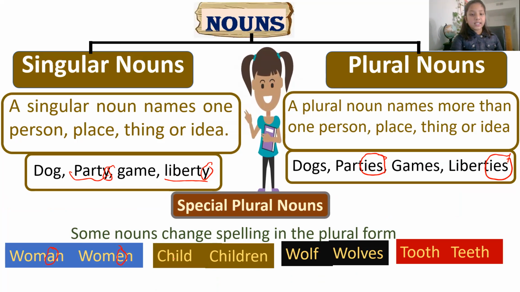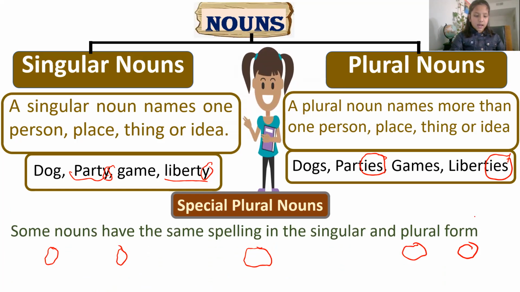Child is singular, but for plural, we add an R-E-N to child, to children. This is why it's special, because we don't add S or ES, it just completely changes the spelling. Wolf, wolves. In this case, we drop off the F and add VES. Tooth, teeth. Instead of two O's, we add two E's.